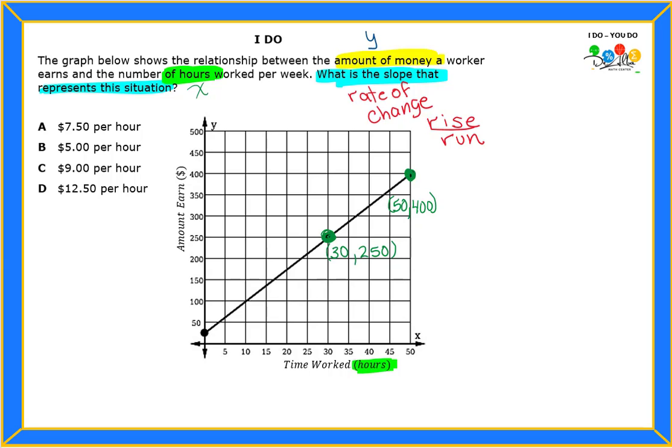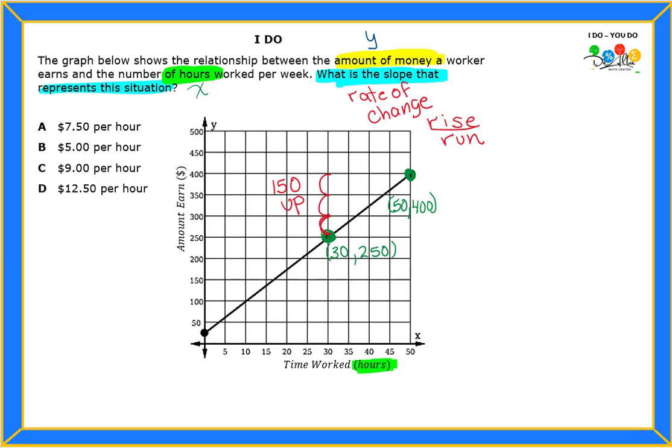Okay, so let me go ahead and start. We're going to go up because I'm trying to reach the 50 and 400 coordinates. So that's 50, one more square is 100, one more square gives me 150 up. Very good.